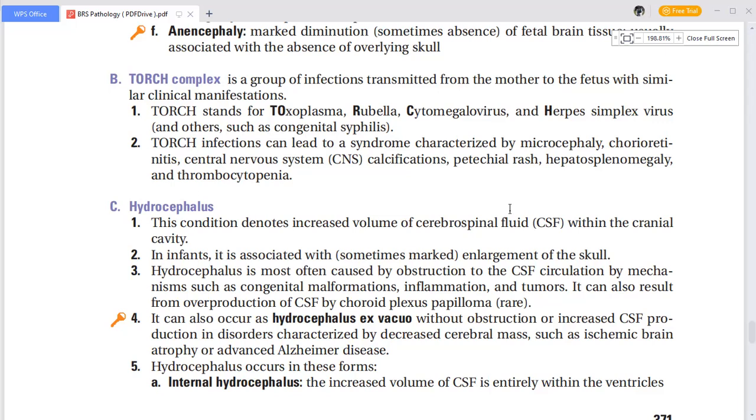Now, if there is anything obstructing the movement of CSF, we are going to have non-communicating hydrocephalus.